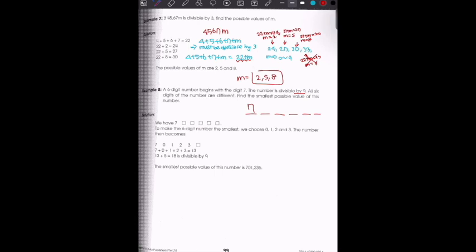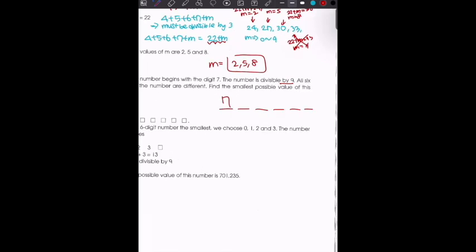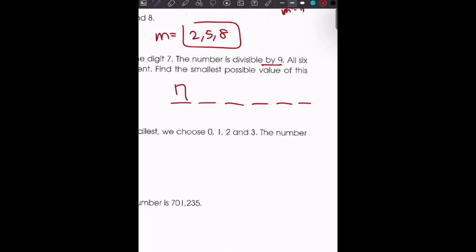And so, since all the numbers must be different and we want the smallest possible value, we're going to fill in the blanks in order from 0, 1, 2, 3, because we want the 10,000 place, which is the largest option we have to change since 7 is fixed, to be the smallest. And then since the digits have to be different, we're going to use the smallest possible values. And so it's going to be 7, 0, 1, 2, 3.